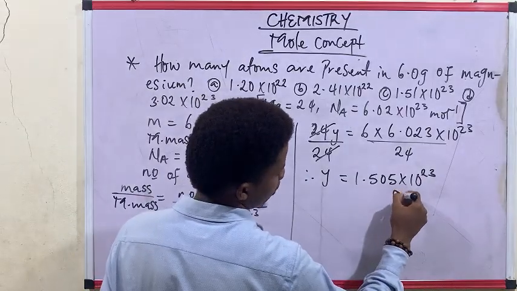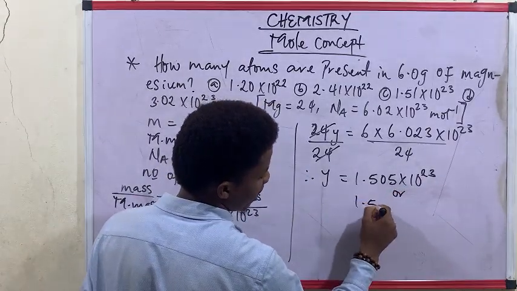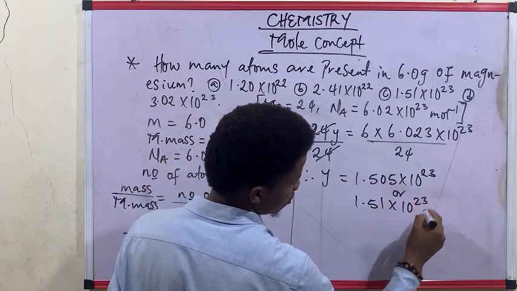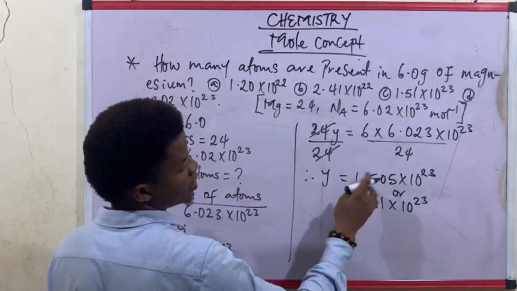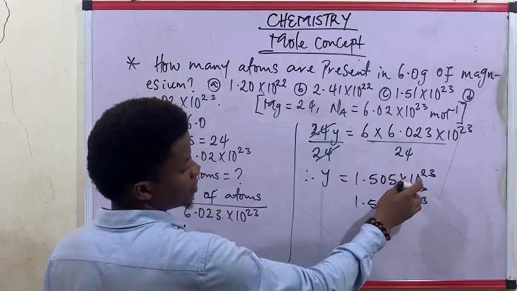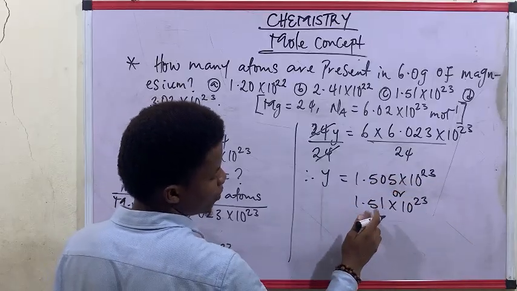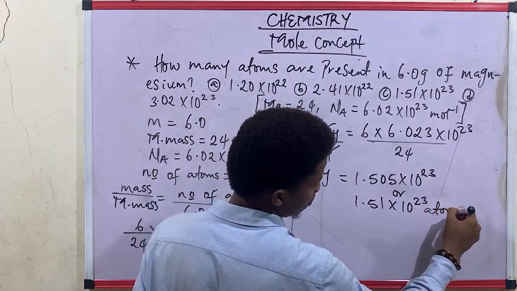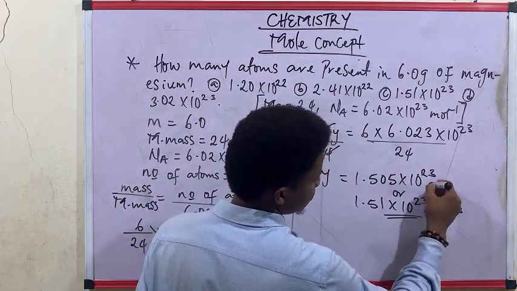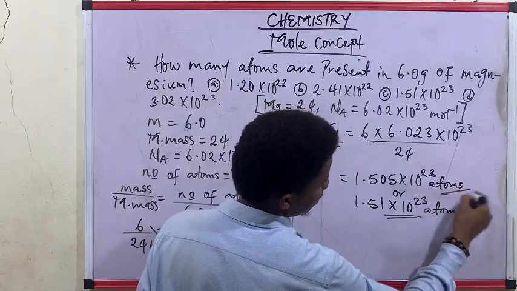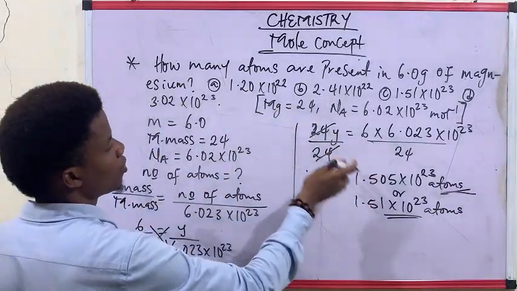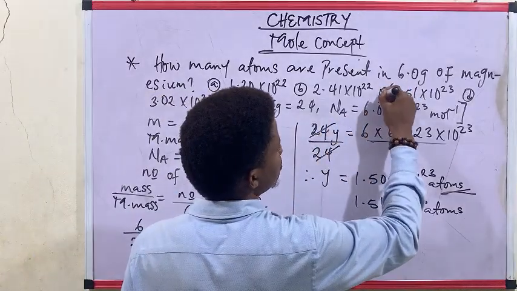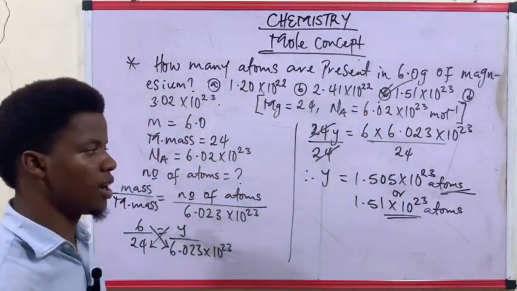Or we can also approximate it as 1.51 times 10 raised to the power of 23 atoms. Whichever you can find, the approximated or the one that was not approximated. So the answer here is option C. So option C is our answer.